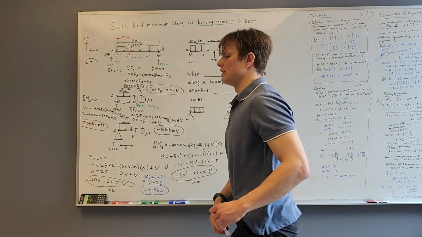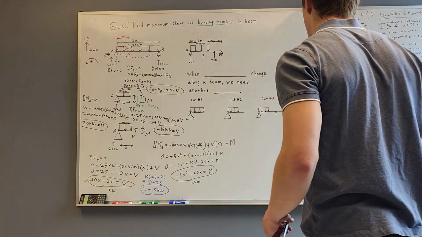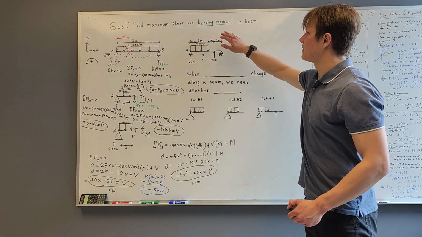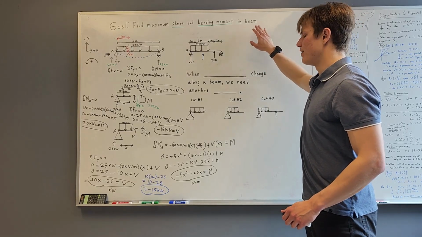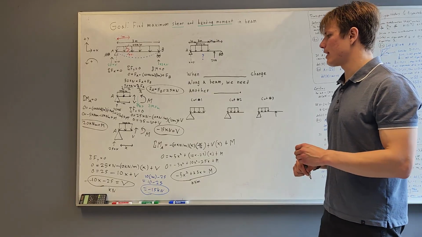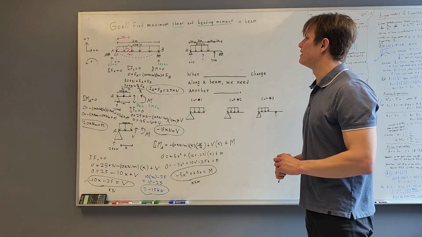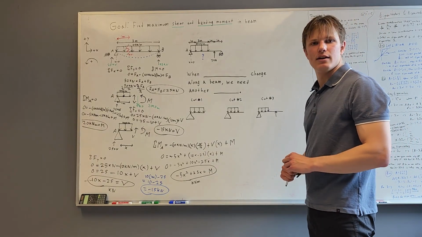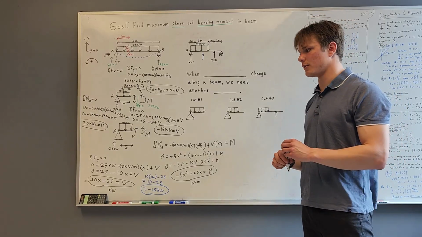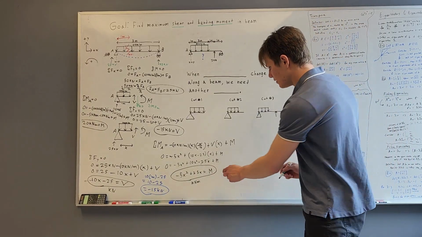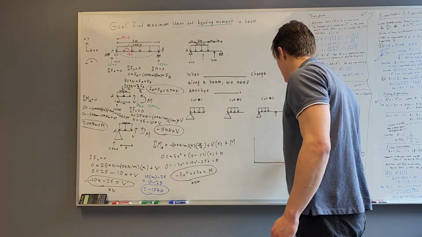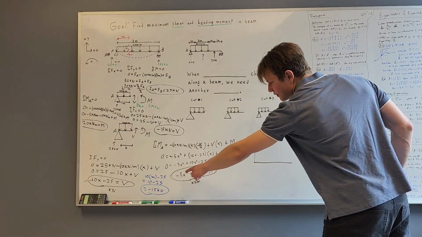So now the only step remaining is we can go back to our original goal, which was finding the maximum shear and bending moment within the beam. And so, if you remember how to find the maximum, you may remember that you can take the derivative of an equation. So essentially, using this moment, for example, we will have a negative quadratic.